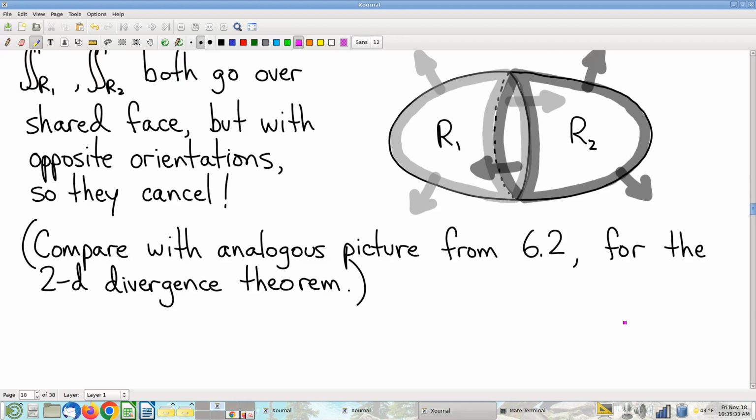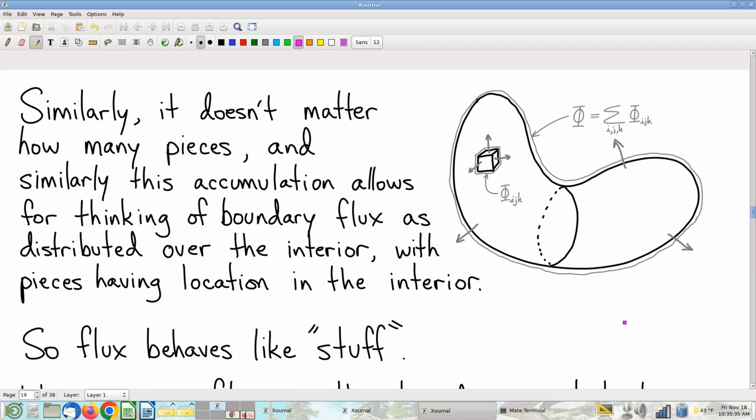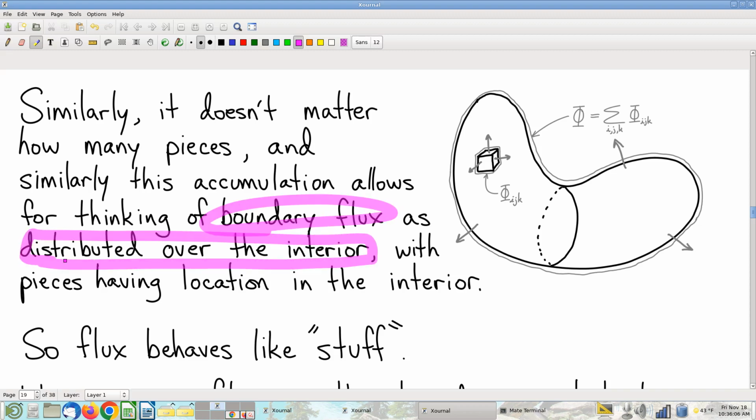Yeah, okay, so I claim that gives us this point of view that we can take, and I emphasize can, you don't have to, but it's really, really useful to, and I'm going to say it as if you have to because I really want you to, and technically I guess you don't have to, but anyway, I think it's really useful that you can think of it as boundary flux being distributed over the interior, right?